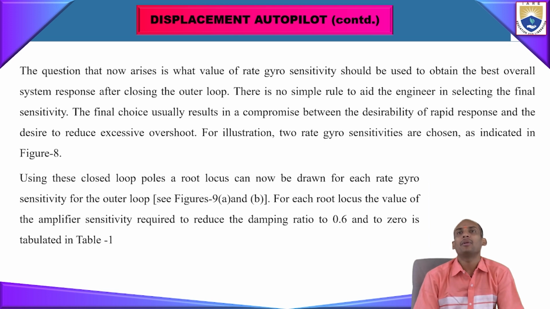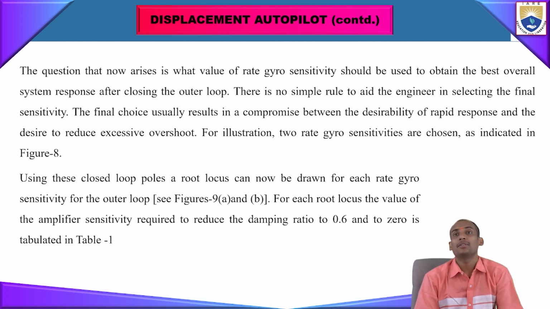There is no simple rule to aid the engineer in selecting the final sensitivity. The final choice usually results in a compromise between the desirability of a rapid response and the desire to reduce excessive overshoot.